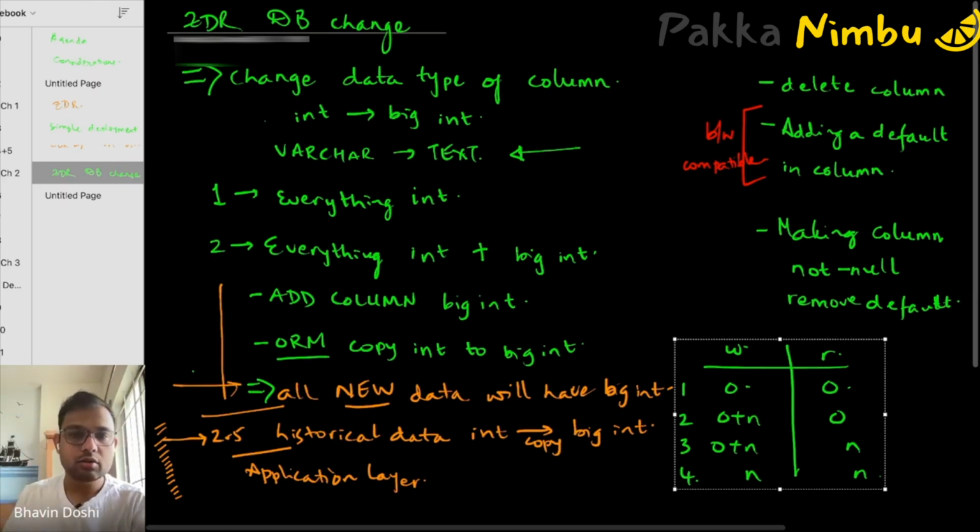If you roll back, the down migration is going to say remove the big int column. Okay, you can safely remove the big int column. And you are back to int. ORM का जो change था वो भी revert हो गया. So now int is not being copied into big int, but the column is also gone.